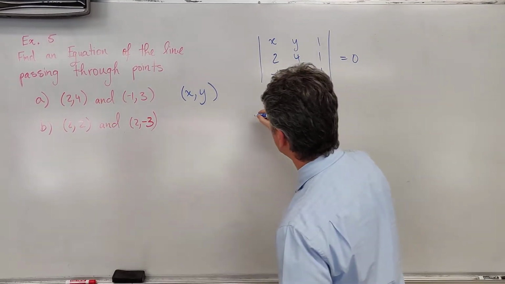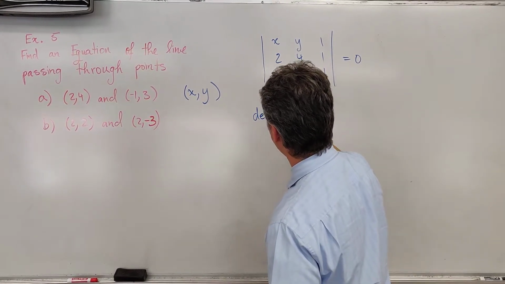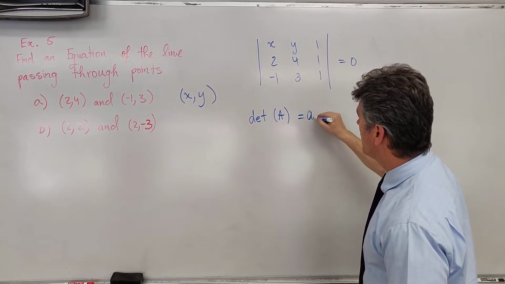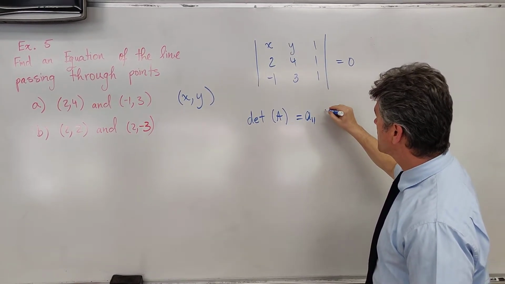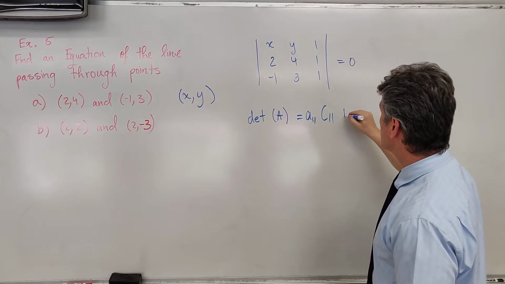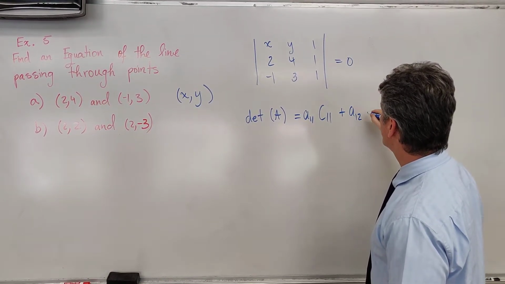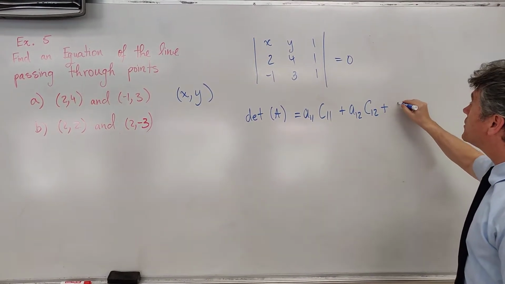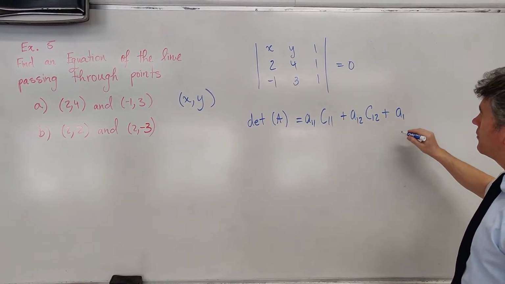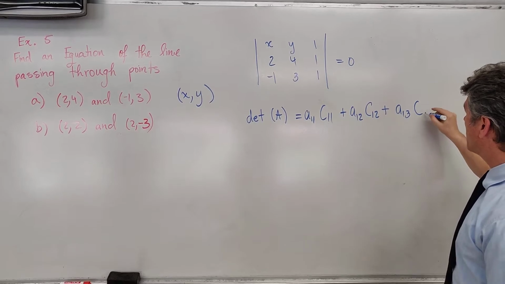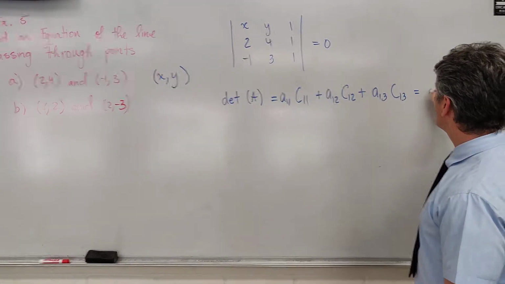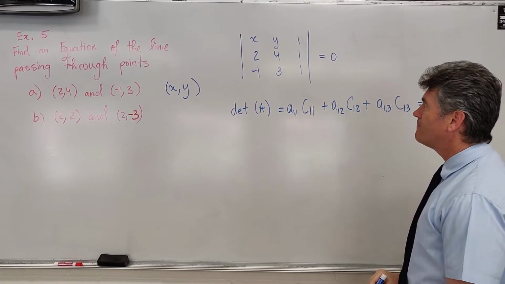So let's say that the determinant of matrix A will be found by using row 1. So the entry in the first row, first column, times its cofactor, plus the entry in the first row, second column, times its cofactor, plus the entry in the first row, third column, times its cofactor. And all of this will be equal to 0.